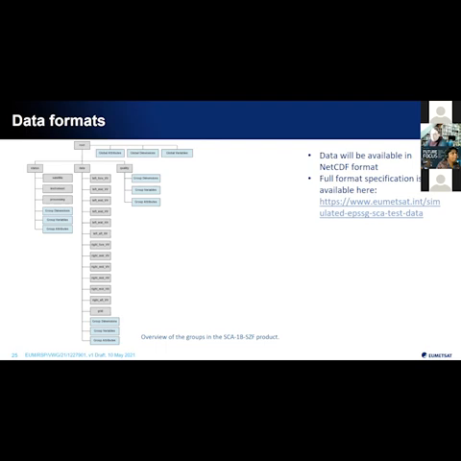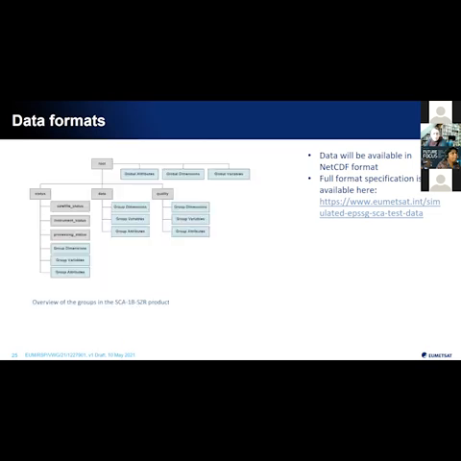As I said, data will be available in NetCDF format, so it's more or less self-explanatory. This is basically for the full resolution product, the structure here, and this is what the gridded product will look like. But again, the full documentation is available.